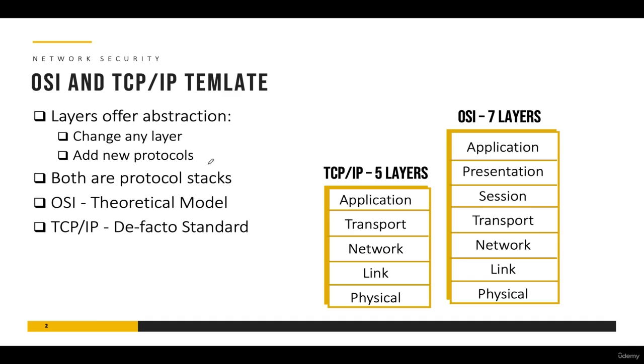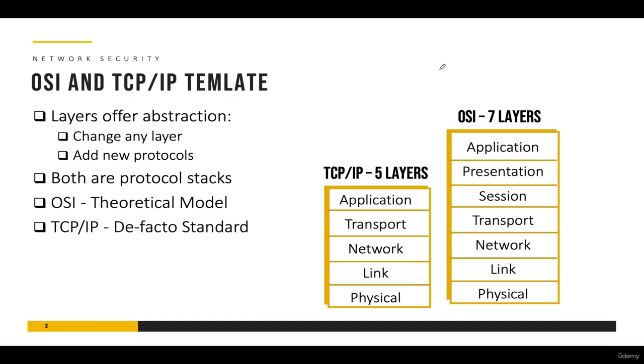Now, coming to the main point, we have two popular protocol stacks, OSI and TCP/IP. OSI is a 7-layer protocol stack. The key point to understand here is that OSI was basically a theoretical model. It never got materialized, and we don't actually have implementations of OSI. However, you're going to hear the word OSI and its layers a lot as you progress in computer networks, or if you're doing courses in cybersecurity or working in the industry.